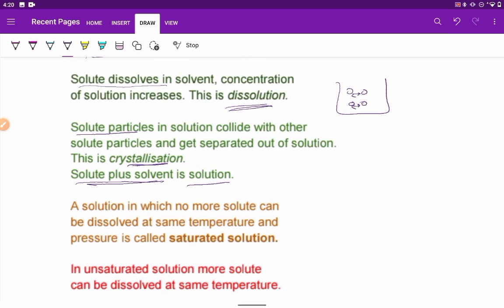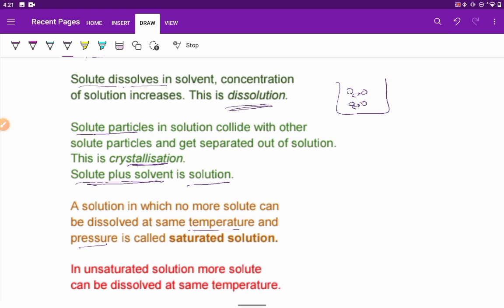Now as I told you about the concentration, that term we have already seen, that as the solute dissolves in a solvent, we say that the concentration of the solution increases. Now there may be a case that a solution in which no more solute can be dissolved. Means if we maintain the same temperature and pressure, in the solution no more solute can be dissolved. We cannot dissolve more of the solute.